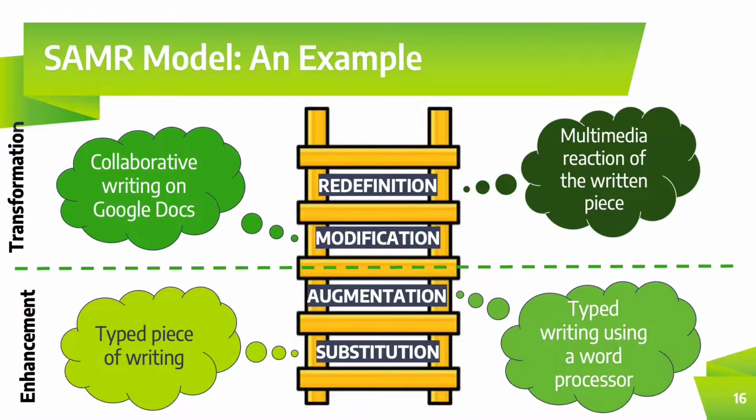Going back to the example of the writing task, a collaborative word processor such as Google Docs can make it possible for learners to share their work with others and give and receive feedback. Finally, having learners create videos and multimedia content based on a storyboard they have created from their writing makes it impossible to implement the task without technology, thus redefining it substantially.